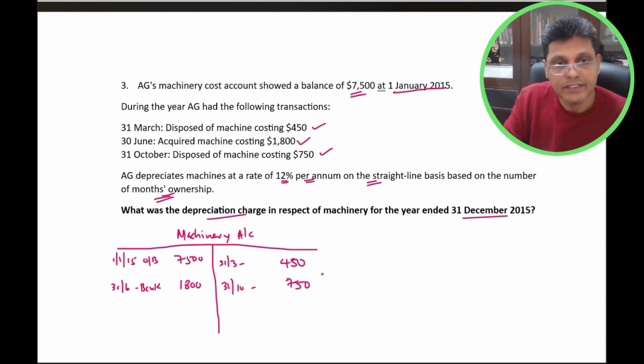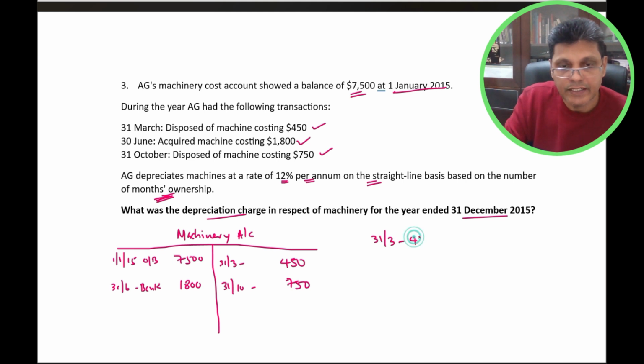Now when you calculate the depreciation on straight line basis based on the number of months ownership, we need to calculate, for example, the 450 that was sold. If you take the number of months these assets were held in the company, this particular asset was held for 3 months.